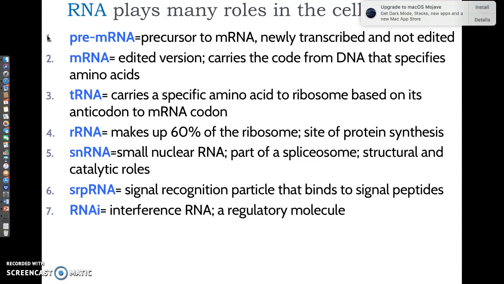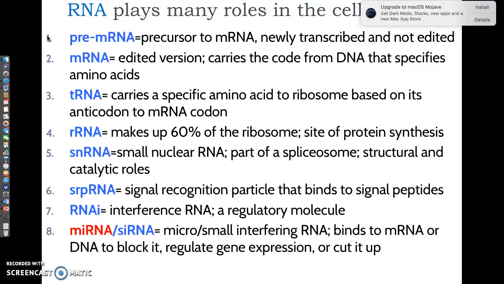Another type is RNAi, and this is an interference RNA, so it regulates. Another type is miRNA or siRNA, and these are small interfering RNA.